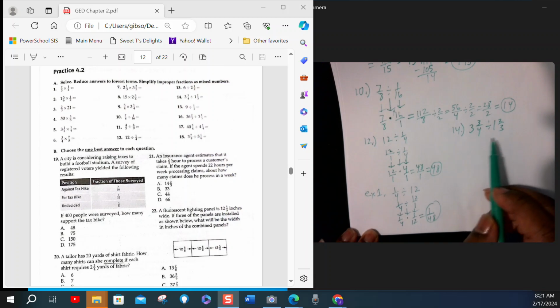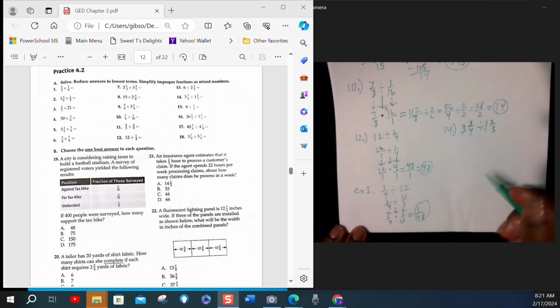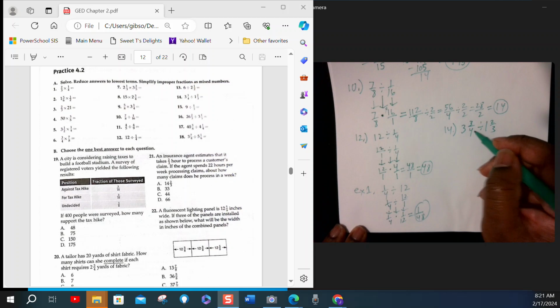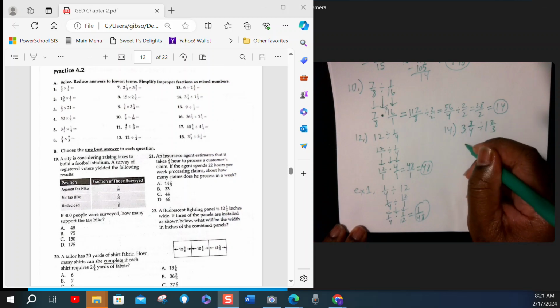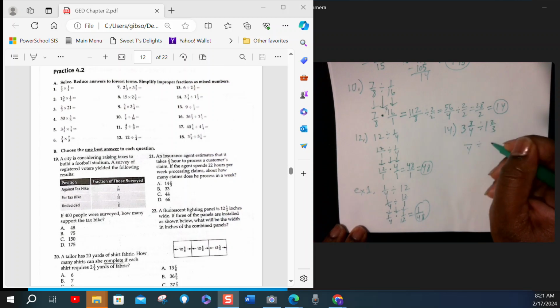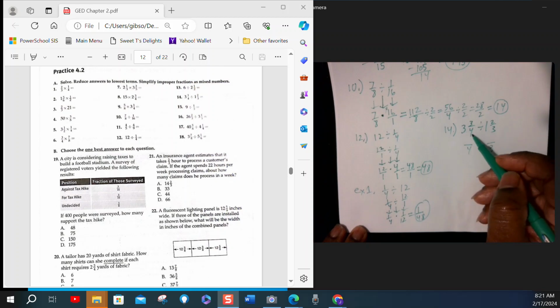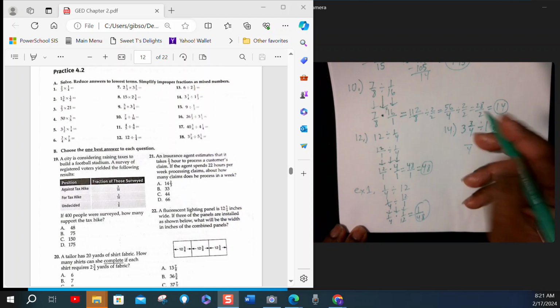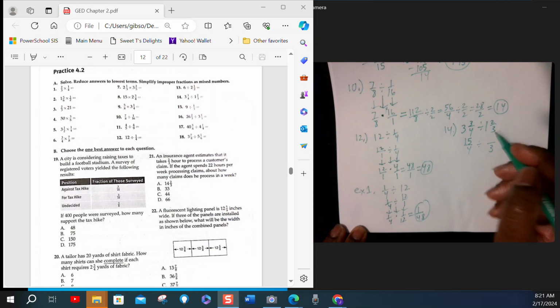The first thing we have to do is change these mixed numbers to improper fractions. So we would do this. Our denominator will remain the same. So we say 3 times 4 is 12, plus 3 is 15. 1 times 3 is 3, plus 2 is 5.